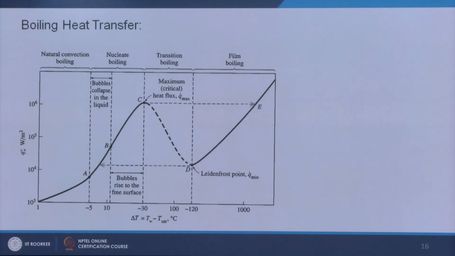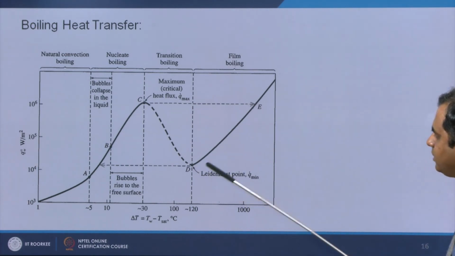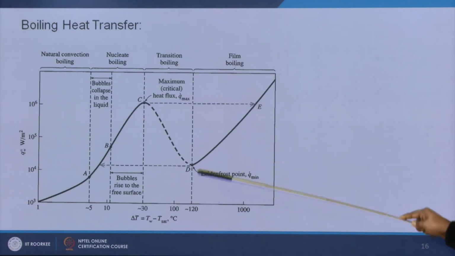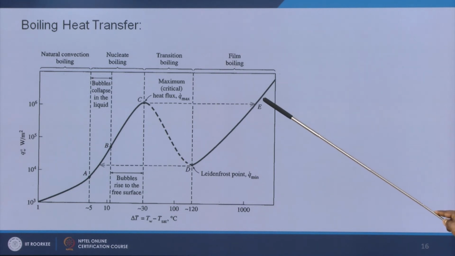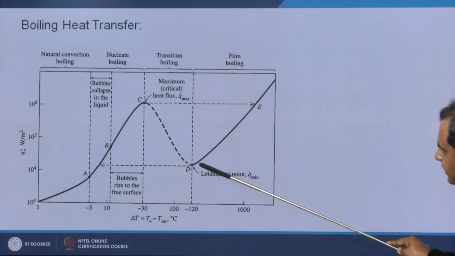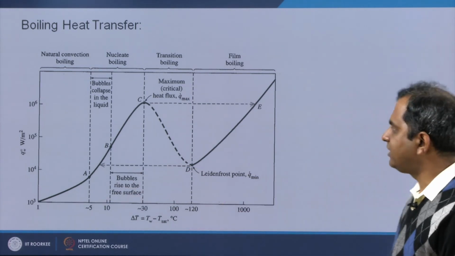And if you reverse, it will jump from the lowest point, which is the Leidenfrost point. So, if you lower the temperature or the heat flux, it will come down like this, then jump to the nucleate boiling region and subsequently go to natural convection.